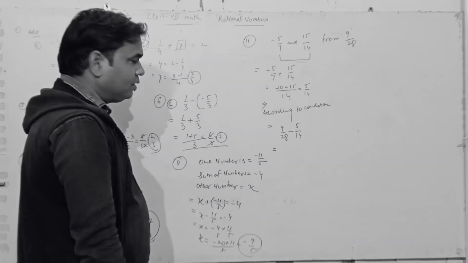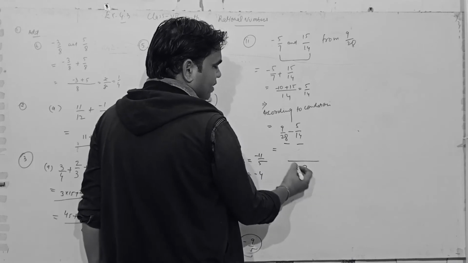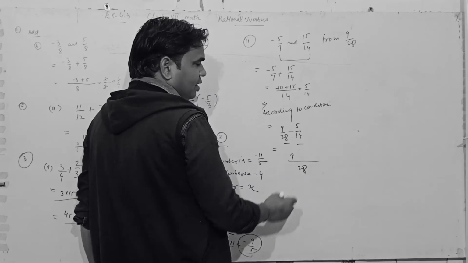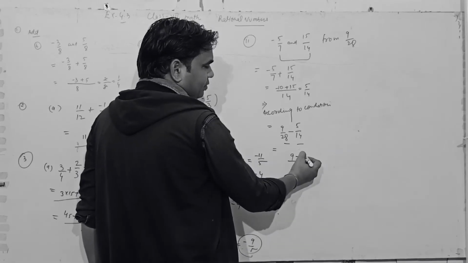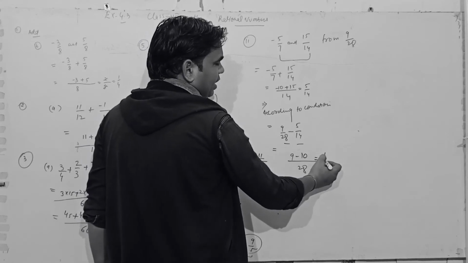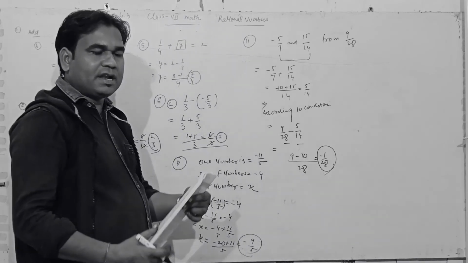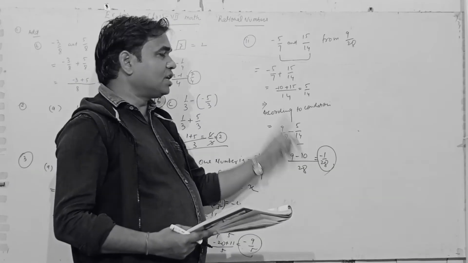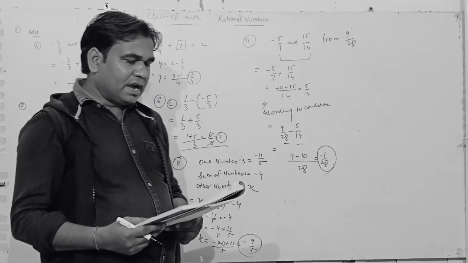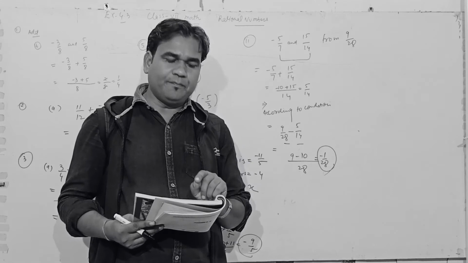So here you see the LCM should be 28, and here you see 9, and after that 2 times 5, that is 10. So we got here minus 1 over 28. So this is the answer of question number 11. And after that you see students, question number 12 is the same.